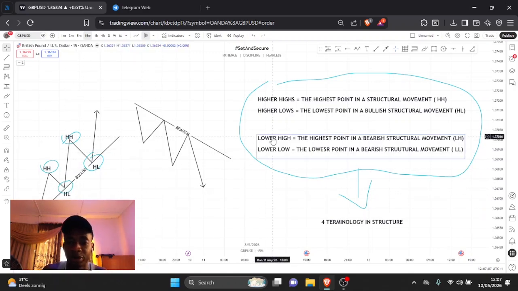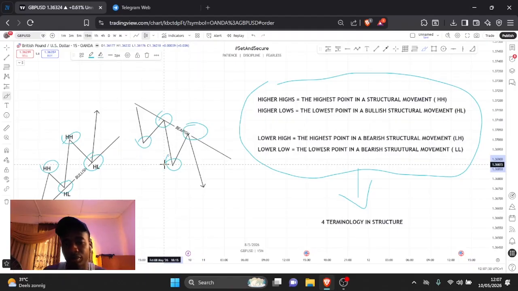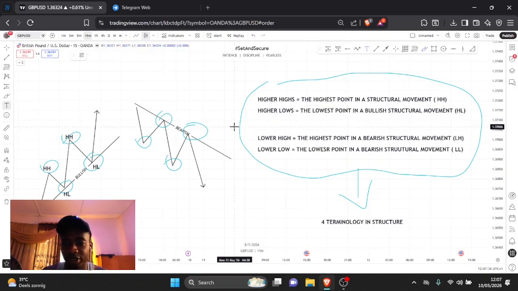Now for the other paragraph, which is lower high, this is the highest point in a bearish structural movement. Then the lower low is the lowest point in a bearish structural movement. So for the lower high, this is the highest point, and this is the lowest point. So it's vice versa, it's flipped. What is the short form for it?